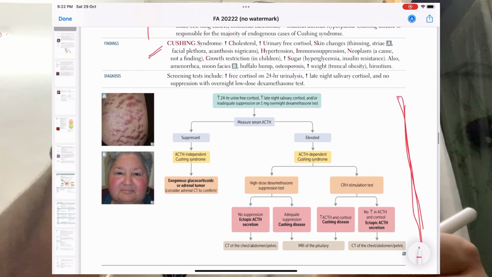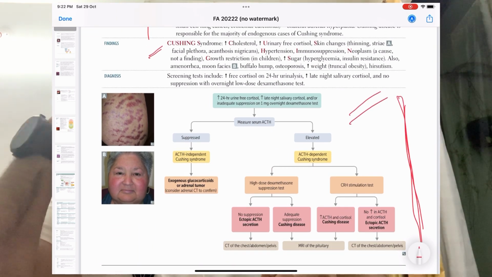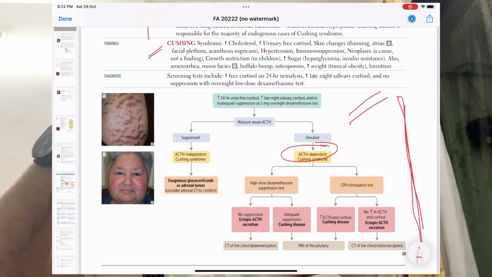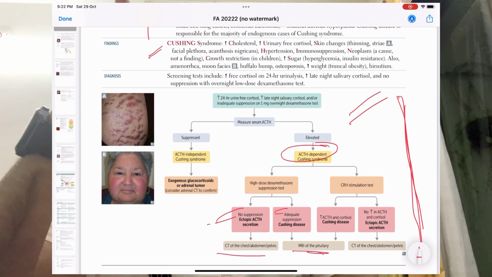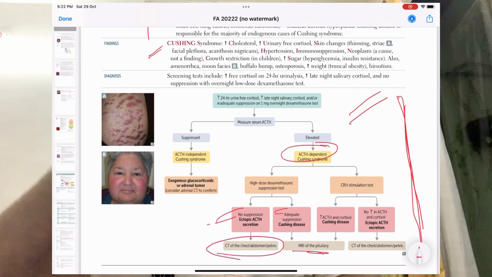They will say after giving high dose dexamethasone, what will happen if there is no suppression, or if there is suppression. If there is suppression, what to do next? If there is no suppression, then what is the answer? What to do next? MRI of pituitary or CT scan of chest, everything like that. Okay, they test it. They are very, very nasty. They will play with you. Alright, so the etiology and this flow chart, that is the diagnostic test, are very, very important.